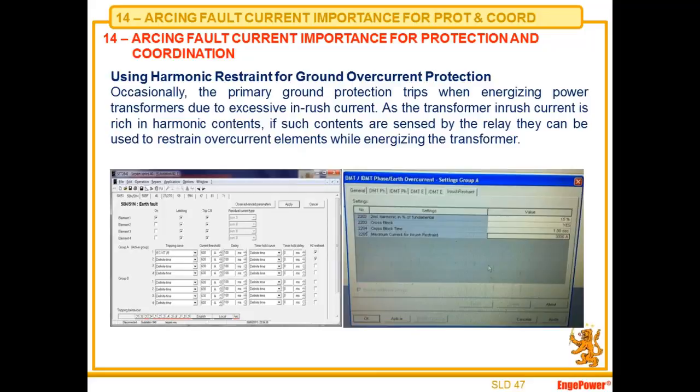But the big issue here is the current that the relay is sensing. The big problem is that inrush current has a lot of harmonic orders, mainly second and fifth harmonic orders. So it's very important when we set our relays that we check this checkbox here, provide harmonic restraint.